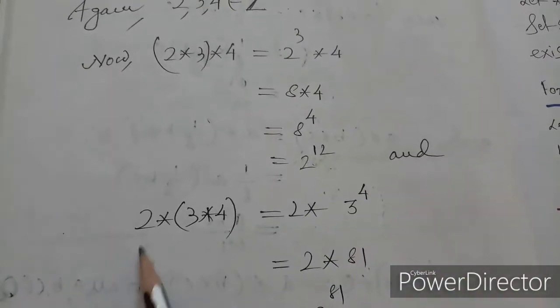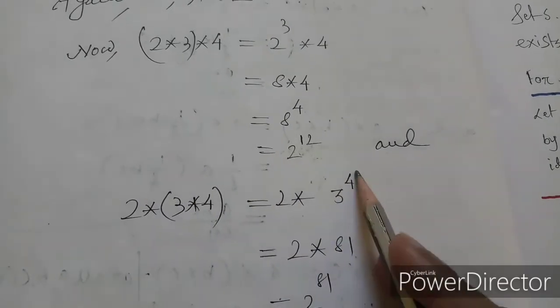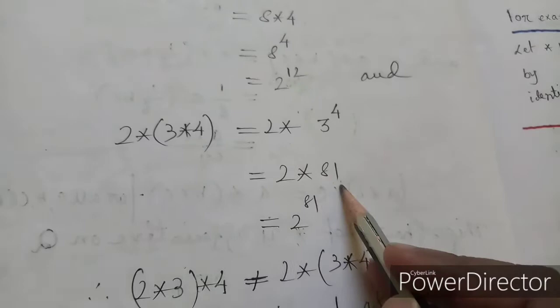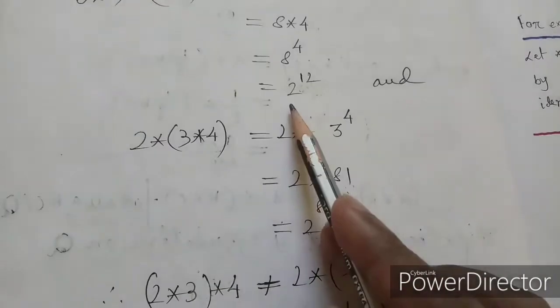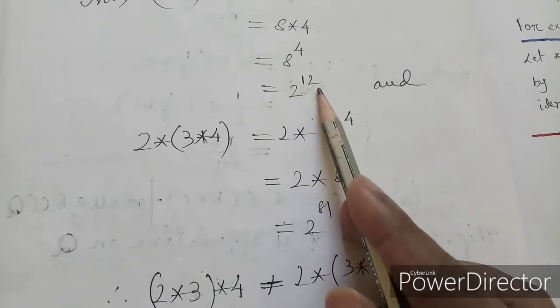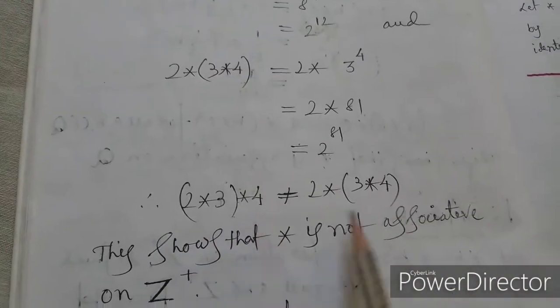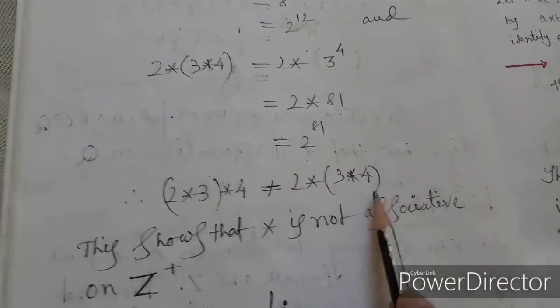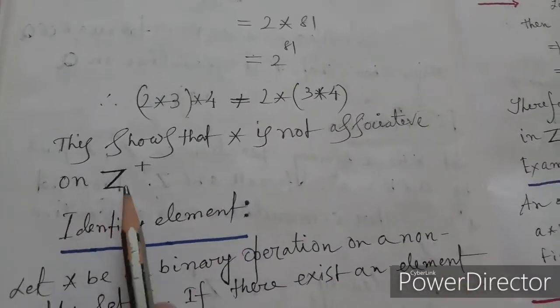And 2 star (3 star 4): 3 star 4 equals 3 to the power 4, that is 81. So 2 star 81, that means 2 to the power 81. I think 2 to the power 81 is greater than 2 to the power 12. So (2 star 3) star 4 is not equal to 2 star (3 star 4). This shows that star is not associative on Z plus.